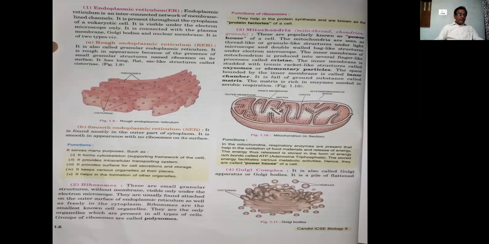So today we just introduced the cell. Cells are the structural and functional unit of any living organism. The cell possesses the characteristics of living beings, like respiration, multiplication, that is reproduction, and many other living characteristics.